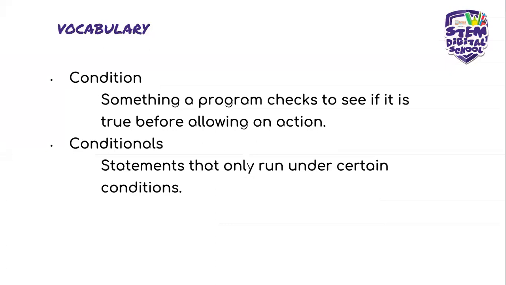Then if in that specific place where you are, there are any pumpkins, only then will it allow the action of picking the pumpkin. Otherwise, it will just move on to our next action or the next condition that we've set for our character.